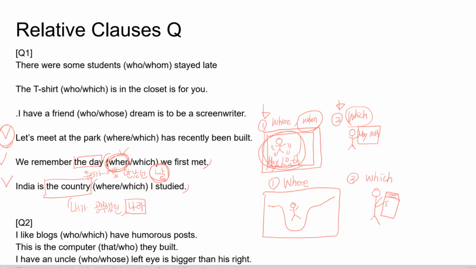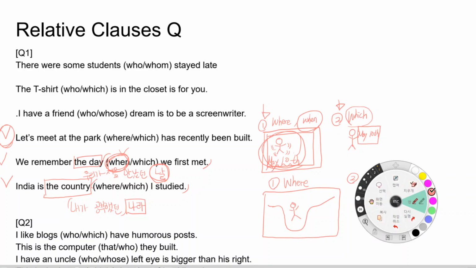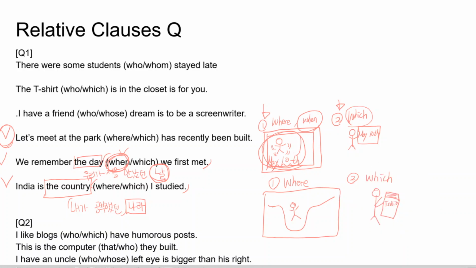So this is a book about India. It could be history, geography, whatever it is. So if you're saying the country which I studied, if you say which, it would look like this, because I studied the country, right? I did a direct thing to the country.